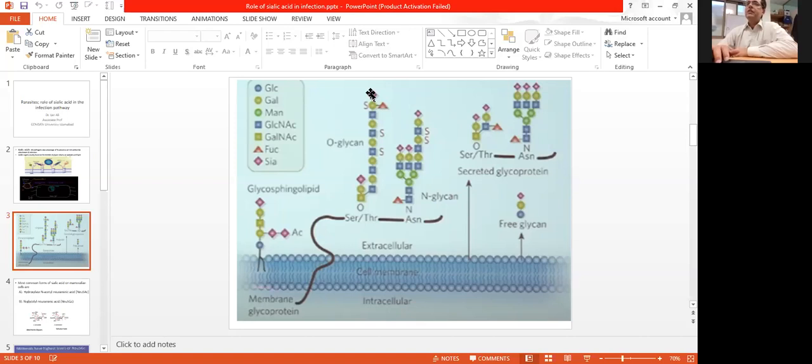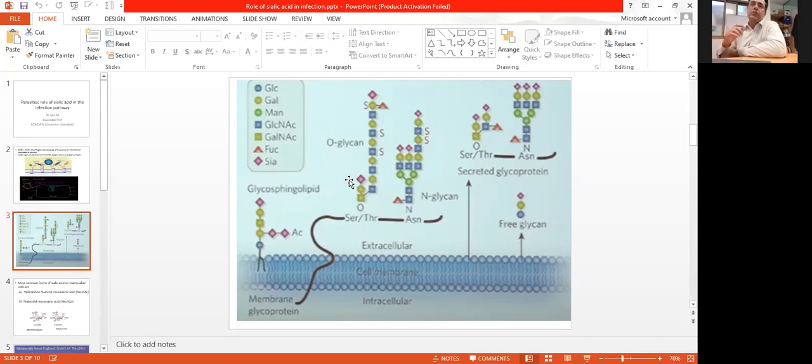So this is the end, these purple shaped structures at the end of these chains. These are different types of sugars, but especially these sialic acids are present at the outermost position in these cells.